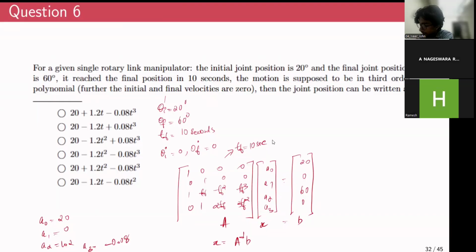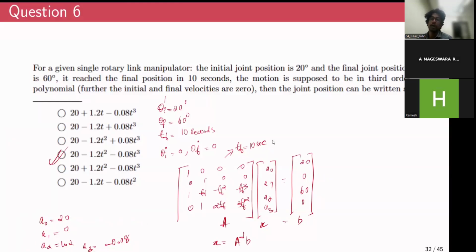So in that regard, the correct answer would be option. This is how you would do it. For the final answer, you will basically get the vector that you obtain from this A inverse B. The corresponding values inside that vector would be your components A0, A1, A2, and A3.